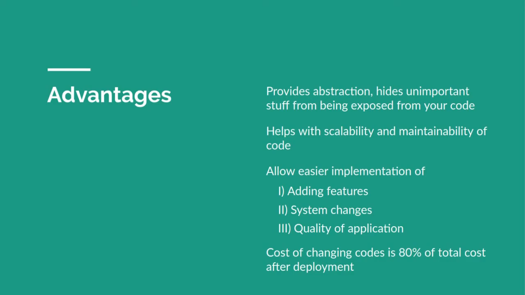If you go on changing the code which is written in the primitive way, that would take you a lot of time. Also, it would help you maintain the quality of the application. And one thing I'd like you to note here is, once the project is over, if you need to change your code at that time, the cost of changing code can be 80% of the total project cost. And that is the case when you have to change code after your deployment.